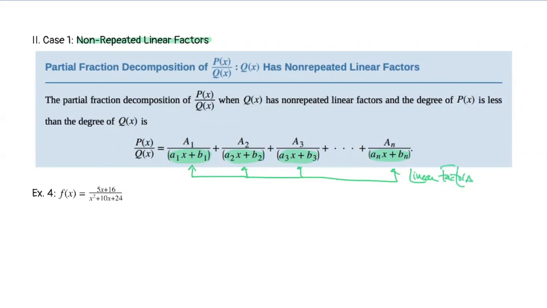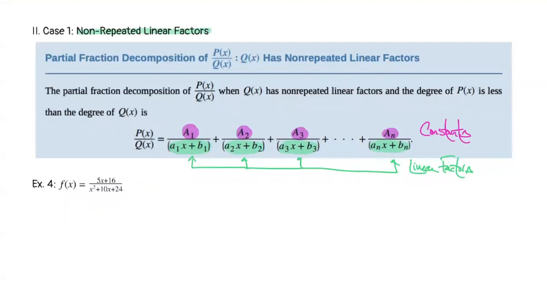Now, if you get linear factors on the bottom, you're going to end up in your partial fraction decomposition with constants on the top.